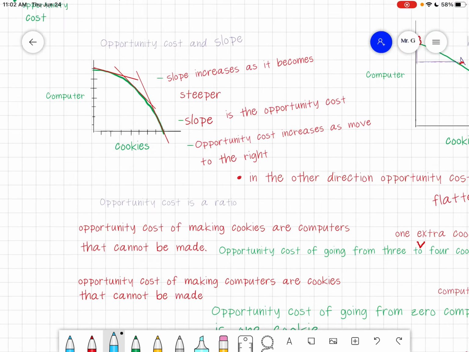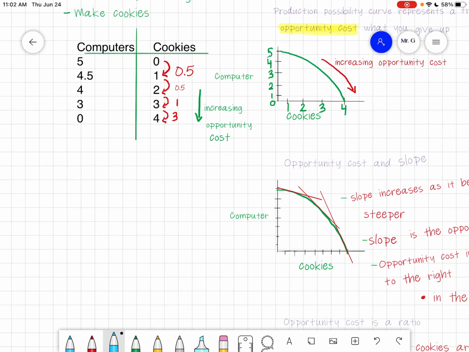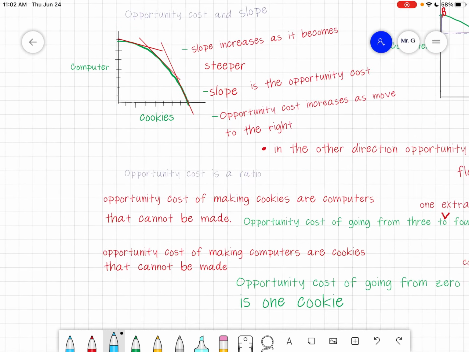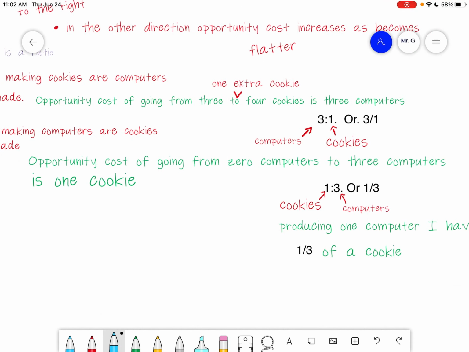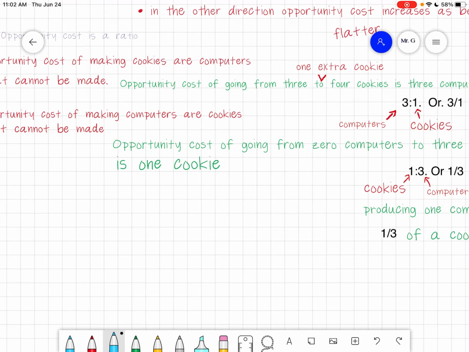And you can see that was coming back from our example here, where we just got 1 extra cookie when we're going from 3 to 4, but we had to give up 3 computers. Okay, and so we put that in terms of 3 computers to 1 cookie, or 3 to 1. So that is the opportunity cost, what we have to give up to get what we have. So we're getting the 1 cookie, we're giving up the 3 computers.